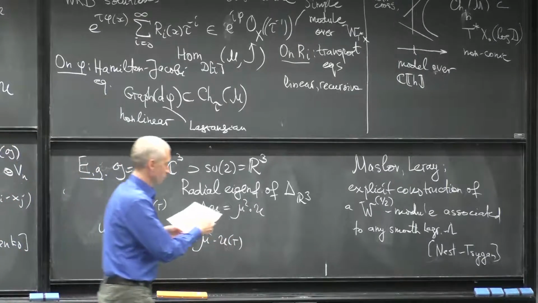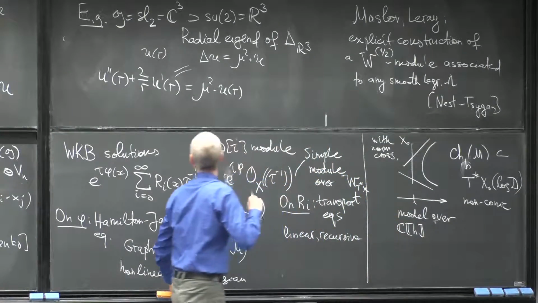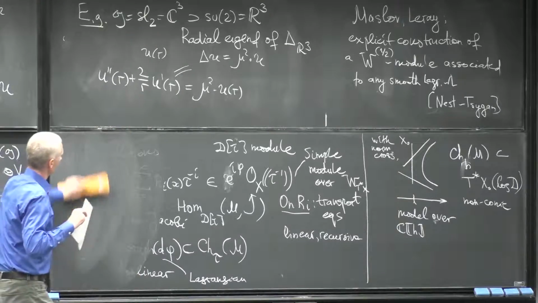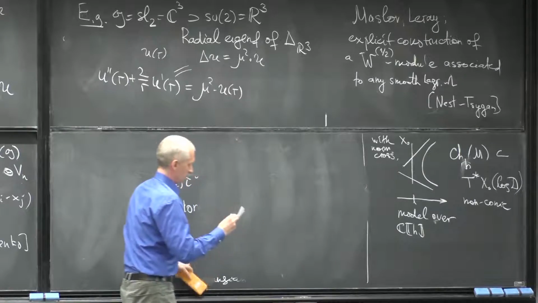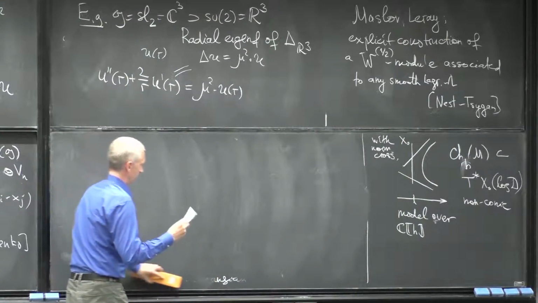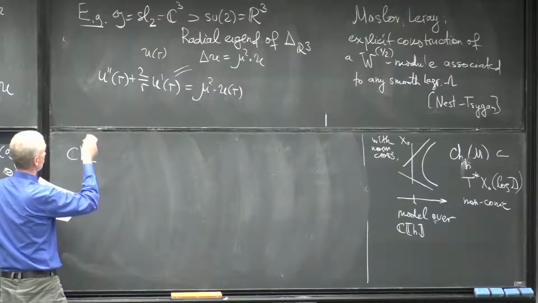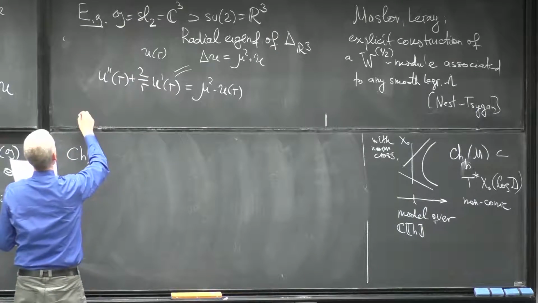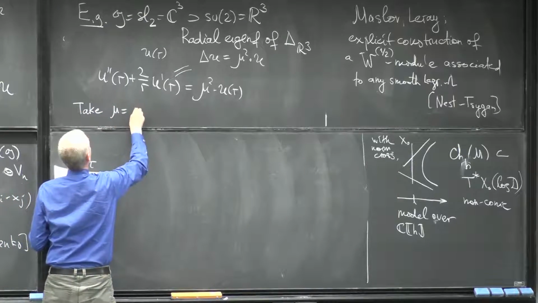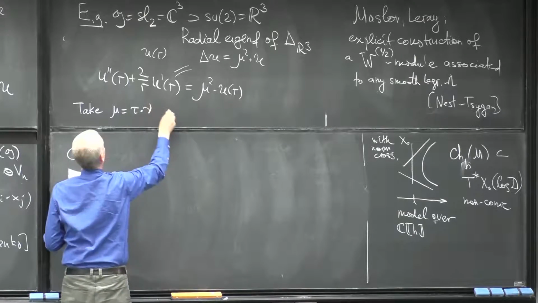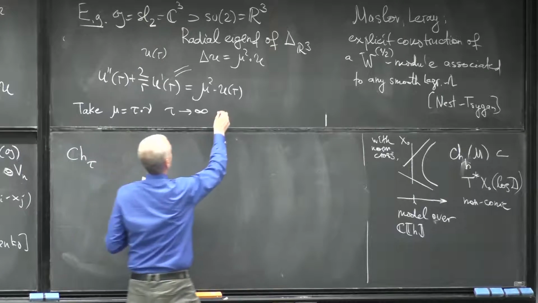Now, in this case, everything can be understood directly, and so the characteristic variety. Since there is a free parameter, we take mu equals tau times some nu. And since tau goes to infinity, we can apply WKB.